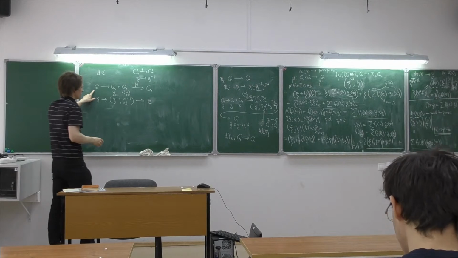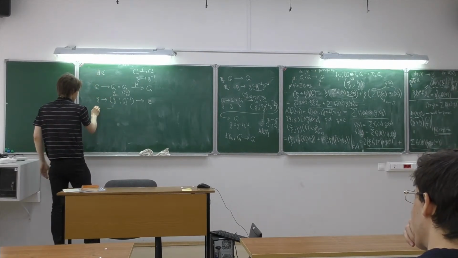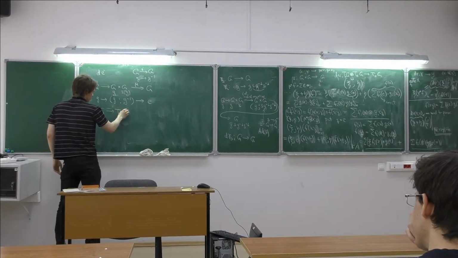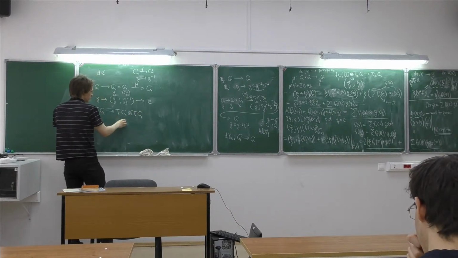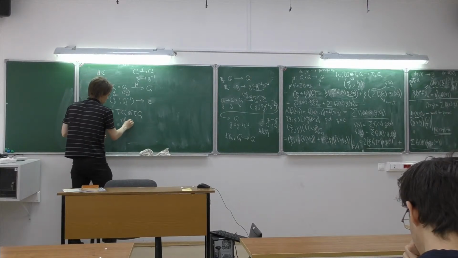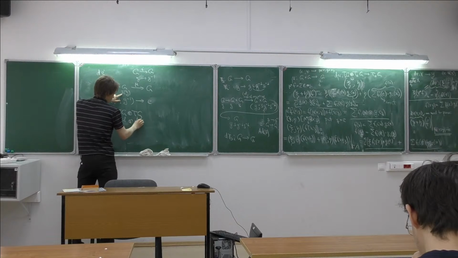So if you want to calculate the differential, here this is the identity map, so the differential is identity plus the differential of i.